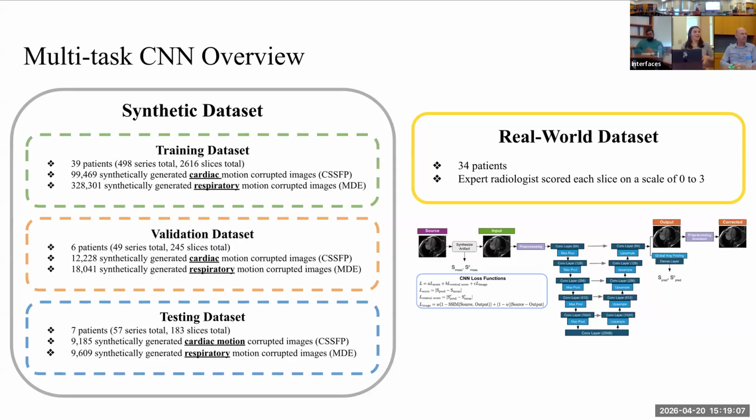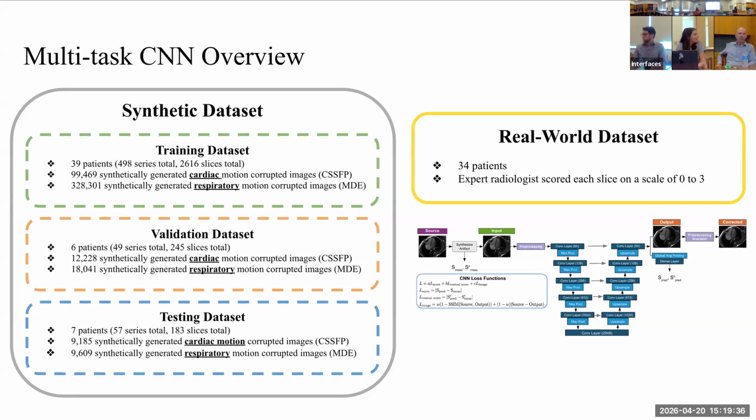If somebody's breathing in there and their heart's moving, the radiologist just looks at them and says whether or not there's an artifact, and it could be a wide range. Some don't have any artifacts, some do. With the synthetic data set, the original data that we started with was all gold standard. There had to be no motion so that we could get individual motion states, right? And then I corrupted it. So that's the difference between those two. Does that make sense?